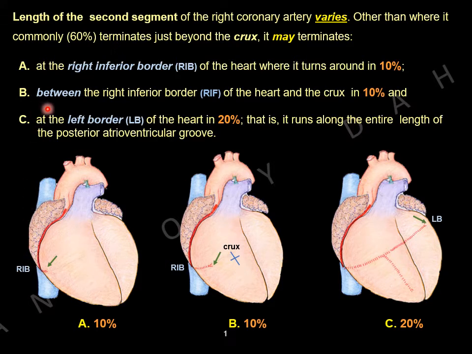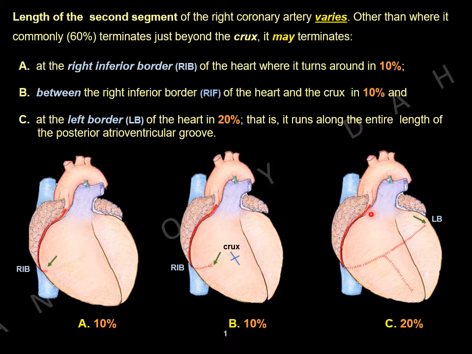Or between the right inferior border of the heart and the crus in another 10%. That means the point which is between the right inferior border of the heart and the crus. Here also the right coronary artery may terminate in another 10%.